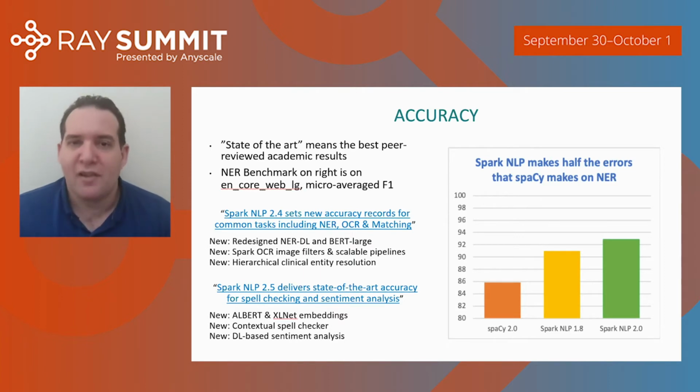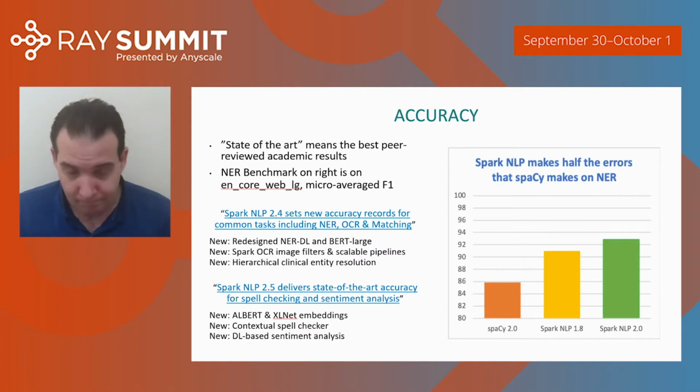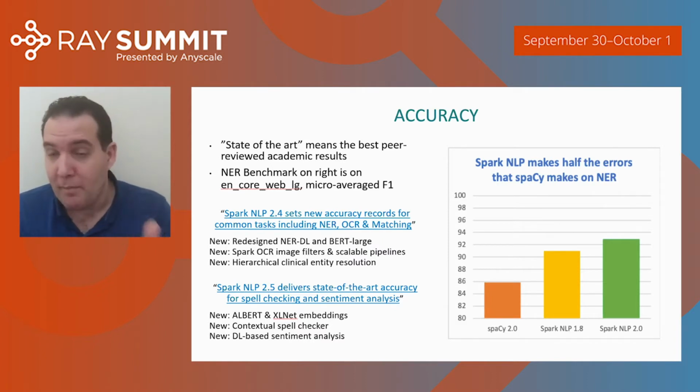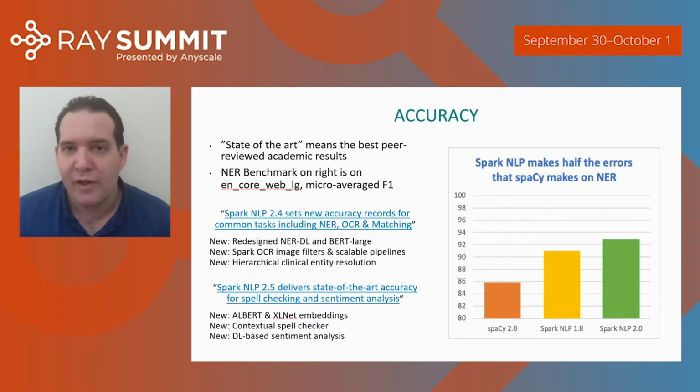So when you say that you deliver state of the art accuracy, it really means that you keep implementing and re-implementing new algorithms and new results. And you can see here, this is one benchmark from almost a year ago. But you can see over the past few months, in Spark NLP 2.4, we basically re-implemented named entity recognition, OCR, and different types of matching algorithms.